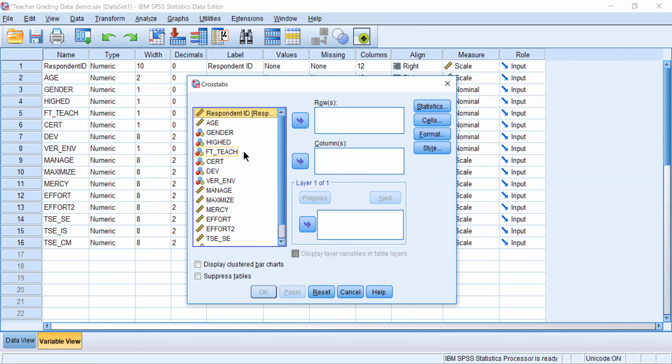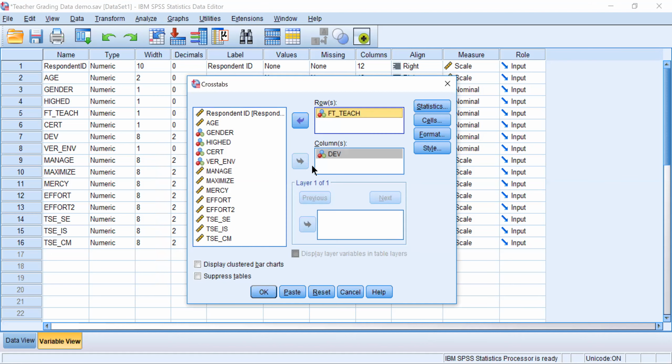So what we want to do is have yes or no, are they a full-time teacher, in 2 rows going horizontally. Whether you do it horizontally or vertically is partly a matter of preference, but it affects sometimes the interpretability. And we want to then see a column for each of the 3 developmental levels.